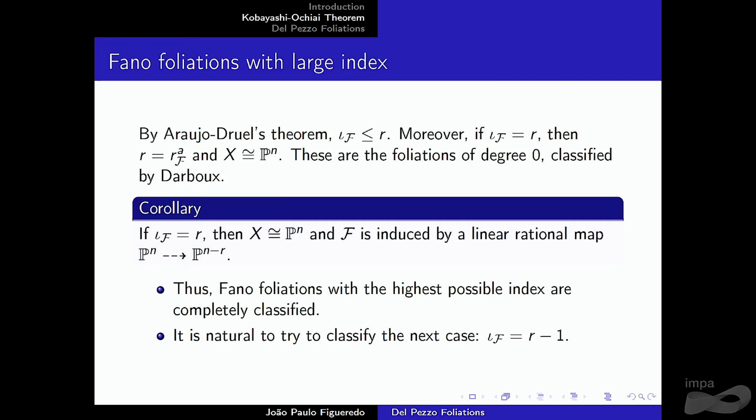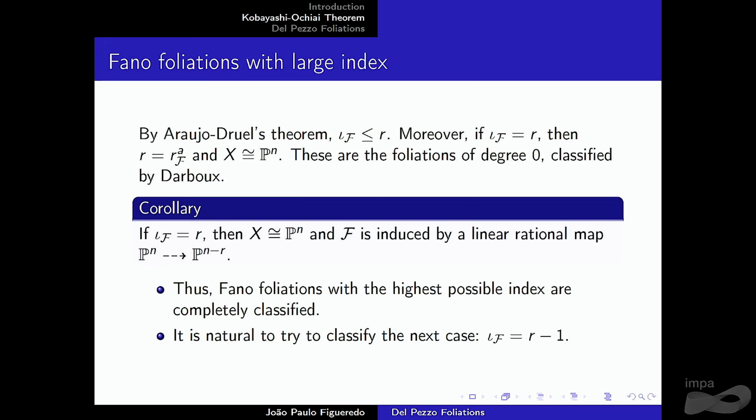And foliations with high index are the foliations with small degree. So the biggest index is the same as the smallest degree, which are the foliations of degree 0. So these foliations are precisely the ones classified by Darboux, the foliations of degree 0. So the biggest case are the foliations on P^n induced by linear rational maps. Okay, so this is the first easiest case of Fano foliations.